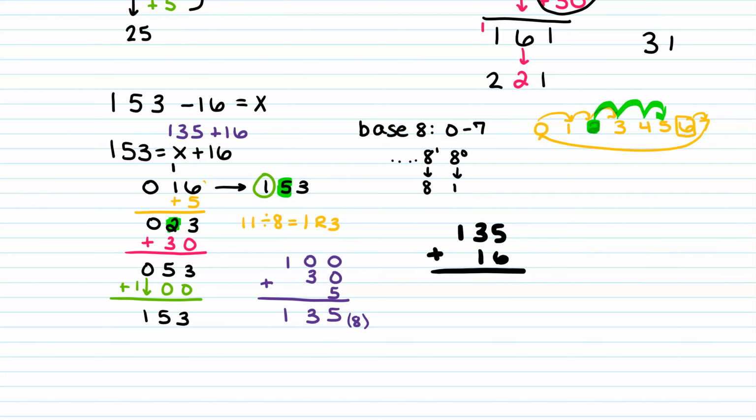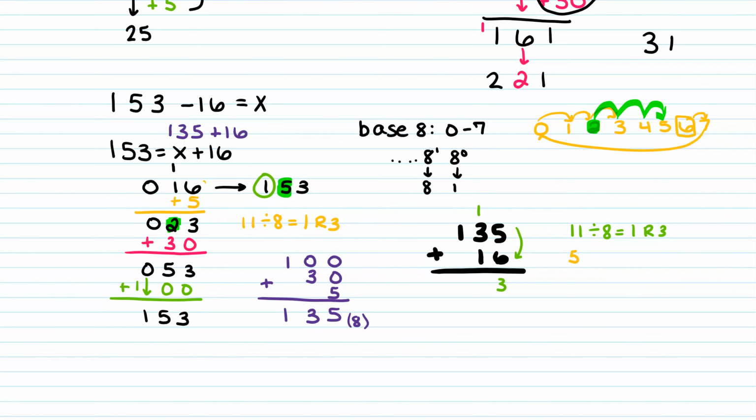Okay, so 5 plus 6 makes 11, but 11 is not allowed. So we're going to take 11 and divide it by 8 because that's our base. And that makes 1, right? 8 goes into 11 one time, and there's 3 left over. So we're going to put 3 here and 1 here. Okay, let's add the next place value. So 1 plus 3 plus 1 is 5.